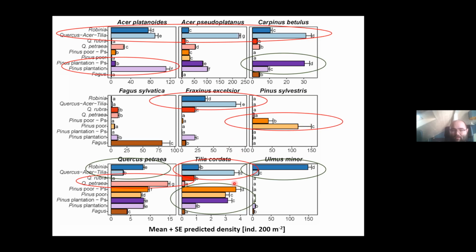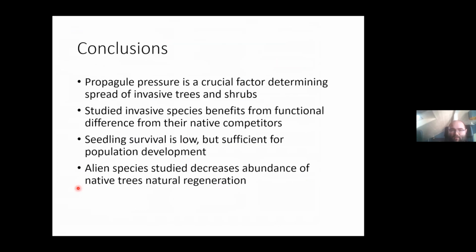We also found some examples of positive impacts, but the most negative impact is on Quercus petraea regeneration, which was the highest in the conspecific stands, and in Quercus rubra stands there was almost no regeneration of this species.